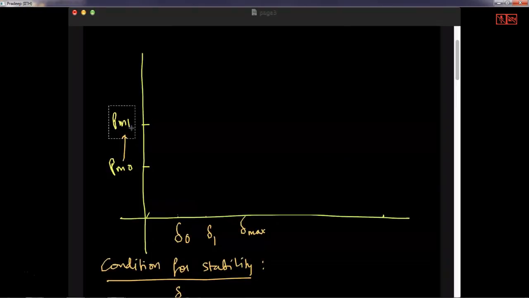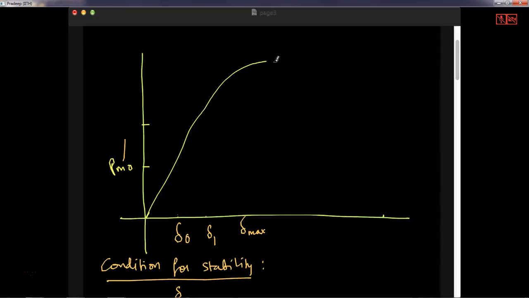So the PM, I'm just redrawing the figure. This is my electrical power PE.